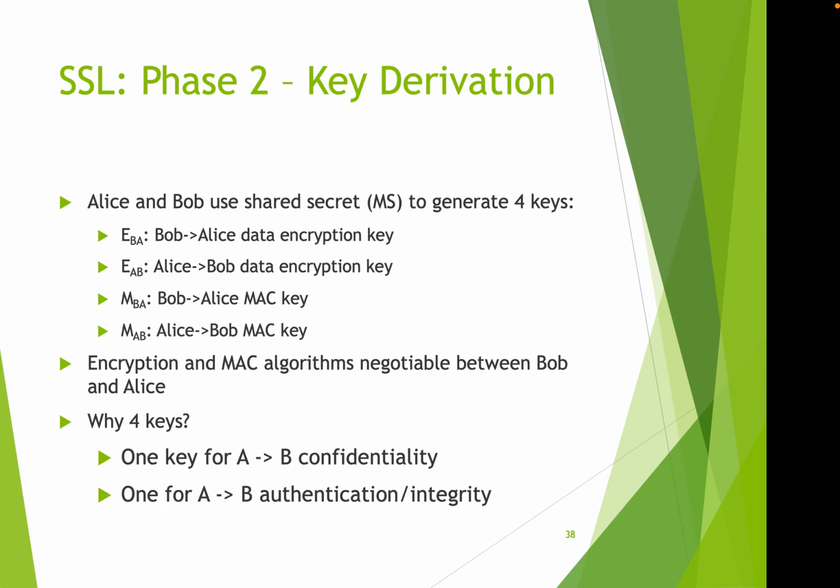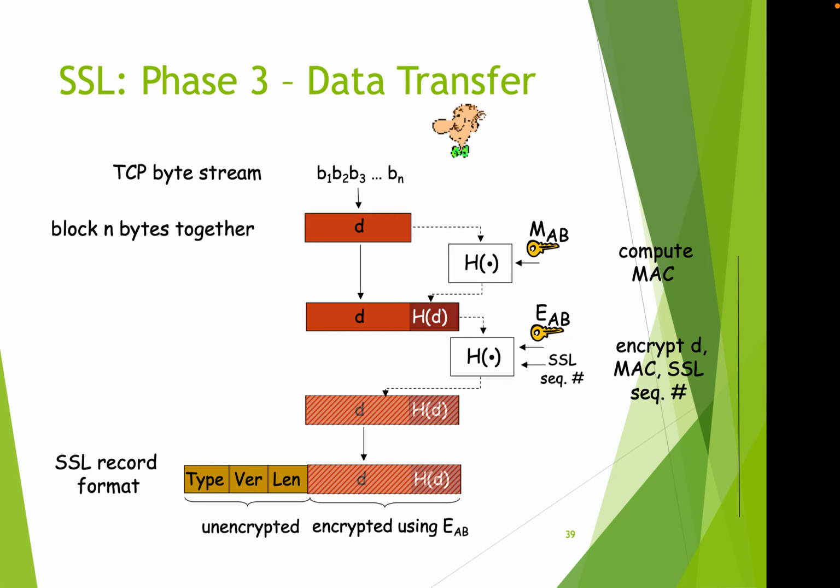Phase two, key derivation. They use the shared secret to generate four keys, data encryption keys, and also MAC keys. So that's for confidentiality and authentication integrity. That's SSL phase two, key derivation.